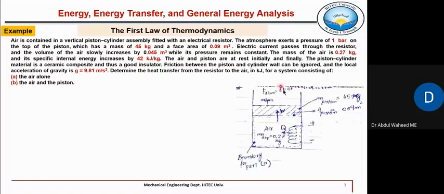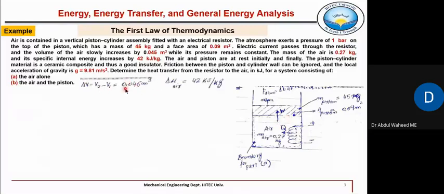That is also given. The mass of the piston is given, and the area of the piston is given. This is a process, not a cycle, so we can apply the first law of thermodynamics for a control mass undergoing a process. For that, we know the equation. The change in volume is given.